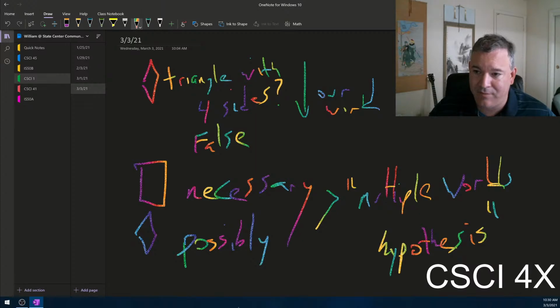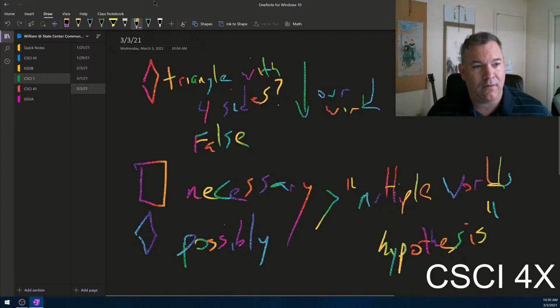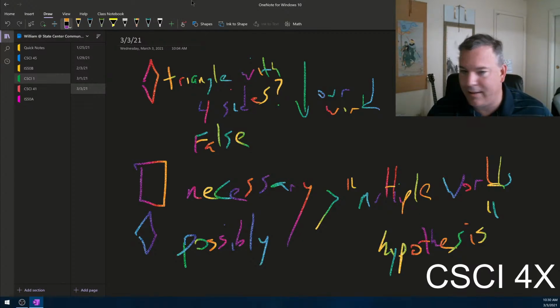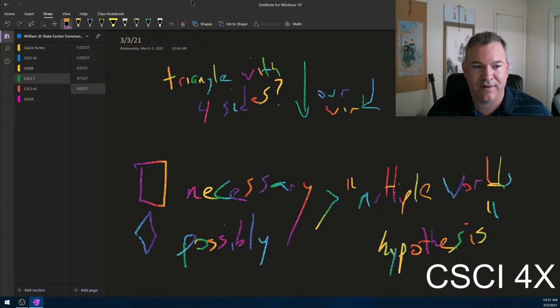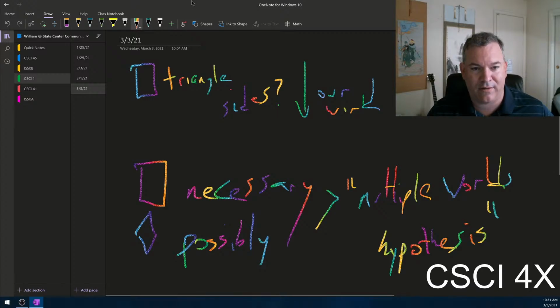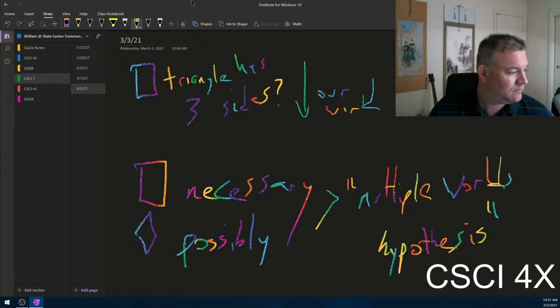Even in a different universe, we know that a triangle cannot have 4 sides. Triangles are defined as a 3-sided polygon. Right? So, is it necessary that a triangle has 3 sides? There could be another reality where a triangle has 4 sides.